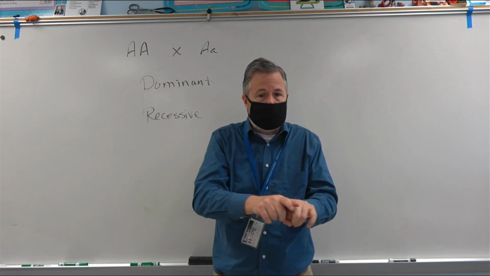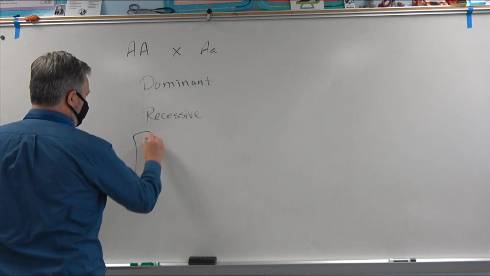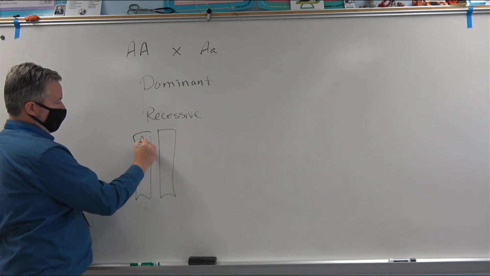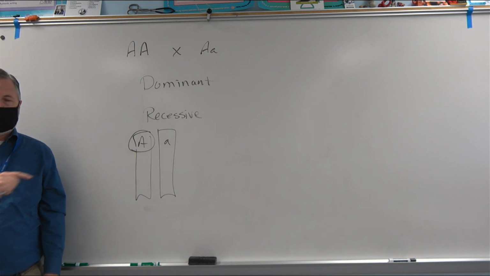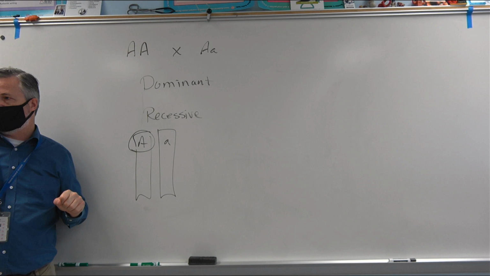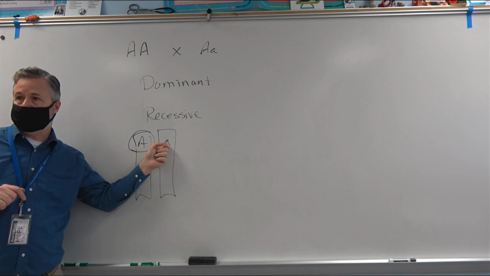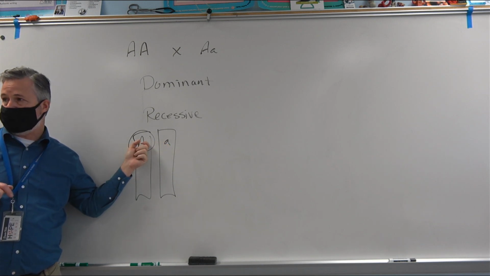Dominant means that if I had a chromosome with big A and little a, this one will be copied. This one will make the protein. This one will not. This one may get expressed, but something is going to keep it from working. But it's usually this one that gets copied.